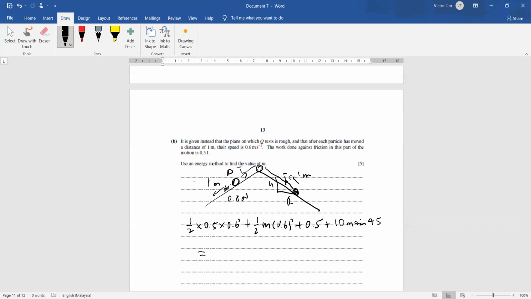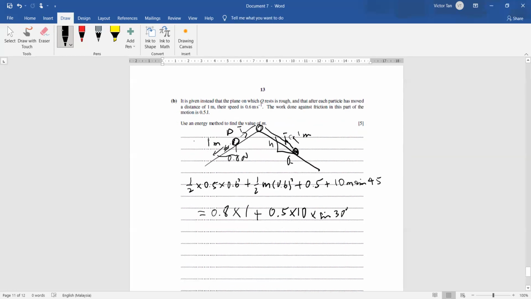So work done in the direction of the force is a loss. So this is 0.8, which is the force of 0.8 times 1. Plus P will lose potential energy. So P is 0.5 times 10 times sine 30 degrees. Okay, there we have the equation.